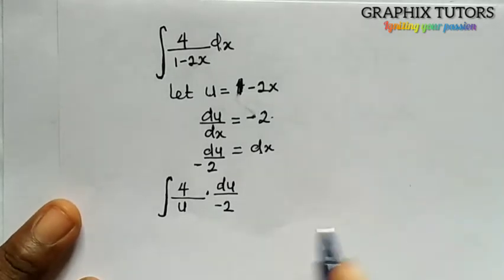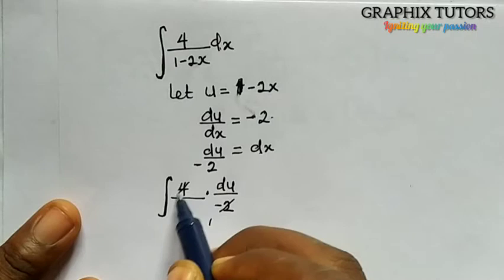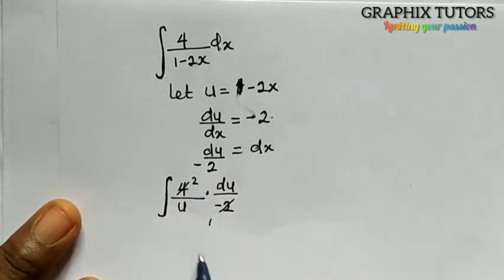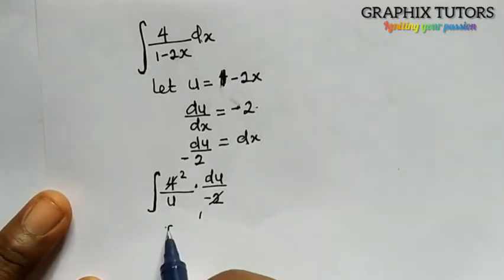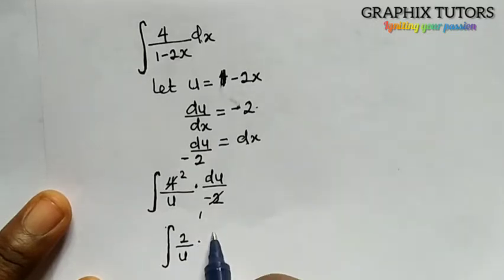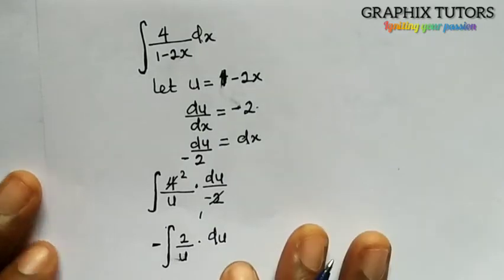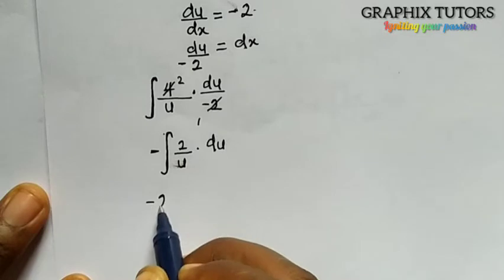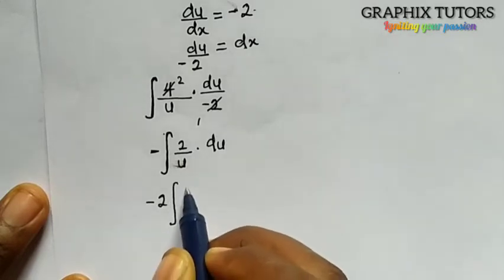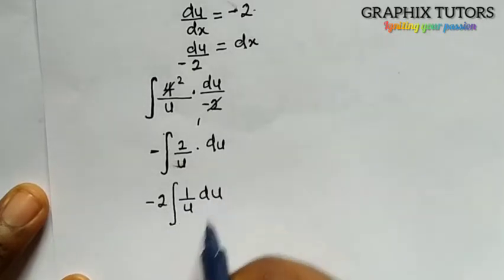Now if you do that, 2 in here, 1 in here, I'll take the minus out of the bracket sign, so this becomes the integral of 2 all over u du. I'll also take the 2 out, so I'll have minus 2 integral of 1 over u du.